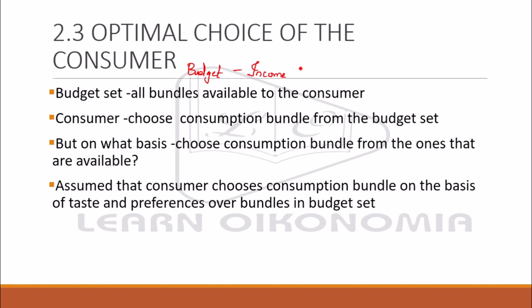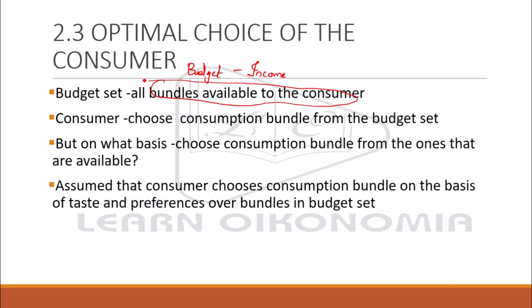This budget set will show all the combinations of commodities which are available to the consumer. So whenever you consider a budget set, it will show all the bundles which are available to the consumer.